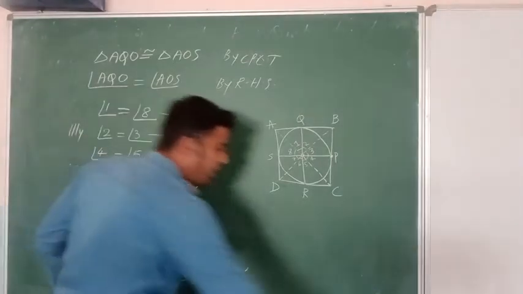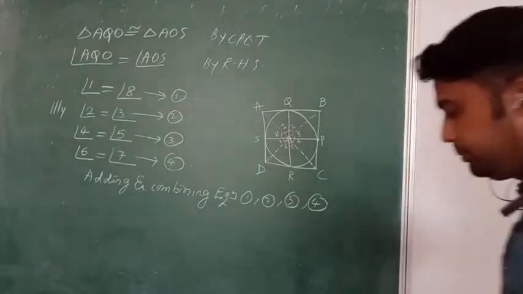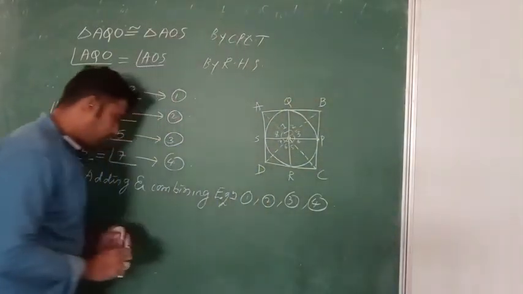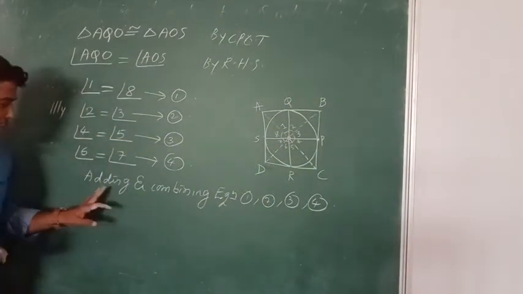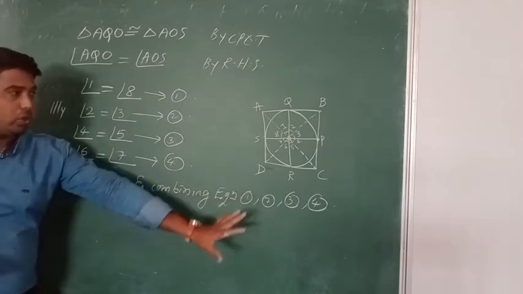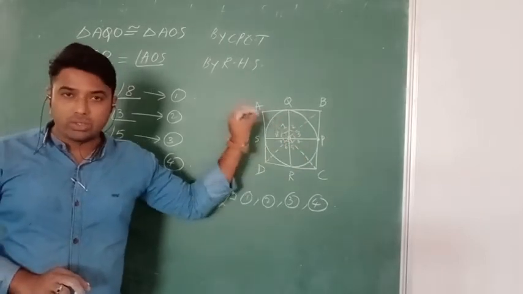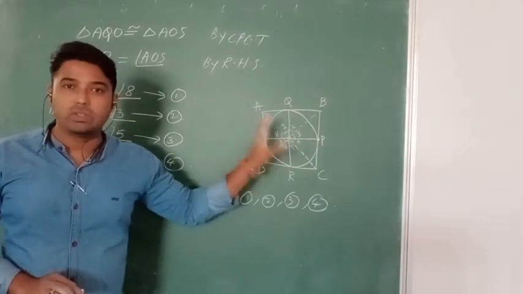Now the next step which I am about to write. You can observe, after adding and combining equations 1, 2, 3 and 4, you know that all these angles lie around a point in a circle. So in a circle, the complete angle is 360 degrees.